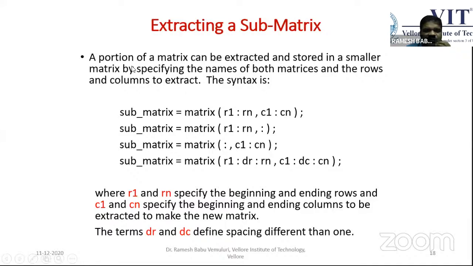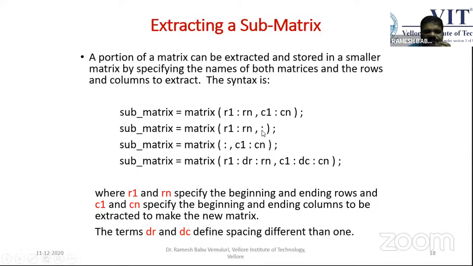Otherwise, a portion of the matrix can be extracted and stored in a smaller matrix by specifying the names of both the matrix and the rows. So once you have defined the matrix, a submatrix can be taken. So maybe we have a 3 comma 3, then you can ask for 1 comma 1, the first element, second element, or only the third element. Or we can take the columns also, maybe 2 or 3 columns. So like that way you can take.